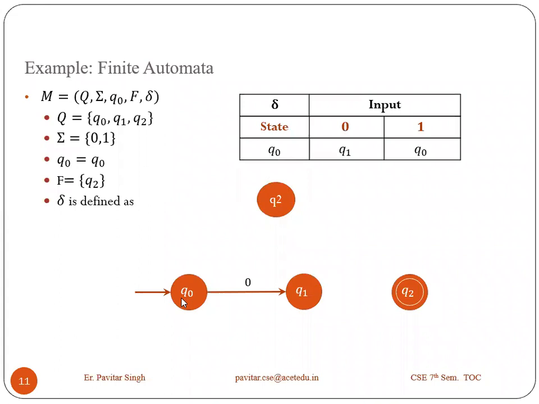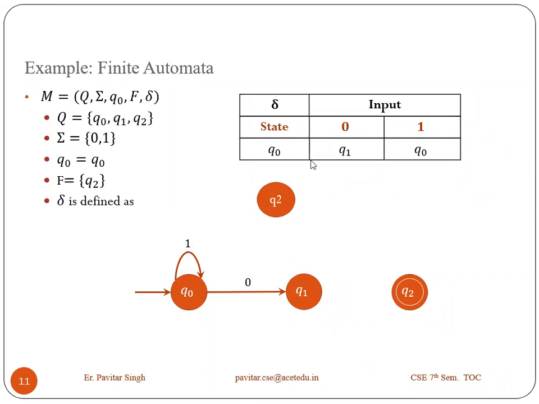You can see that Q naught upon the processing of 0 goes to Q1, and Q naught upon the processing of 1 goes to itself. That is the reason why I have drawn one loop over Q naught, right?